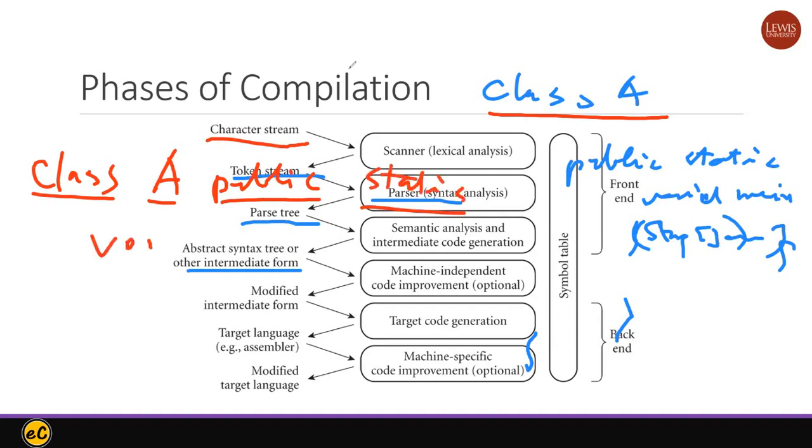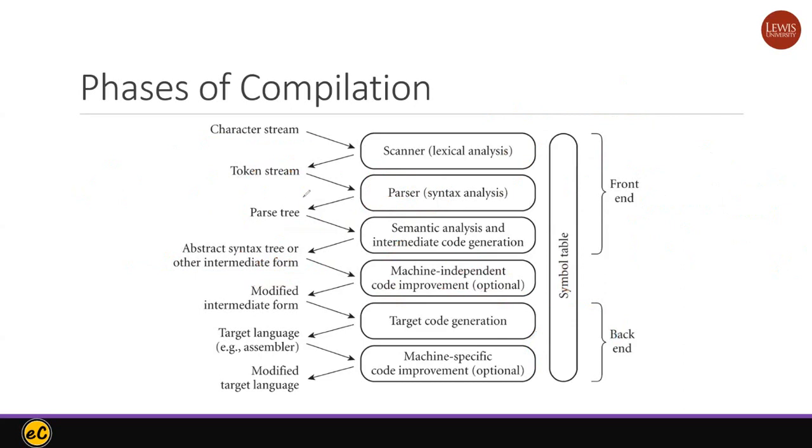Void is a token. Main is a token. Parenthesis is a token. String is a token. Left bracket is a token. Right bracket is a token. Okay, whatever. You translate from pure English characters to meaningful words in the Java language. This becomes the token string.